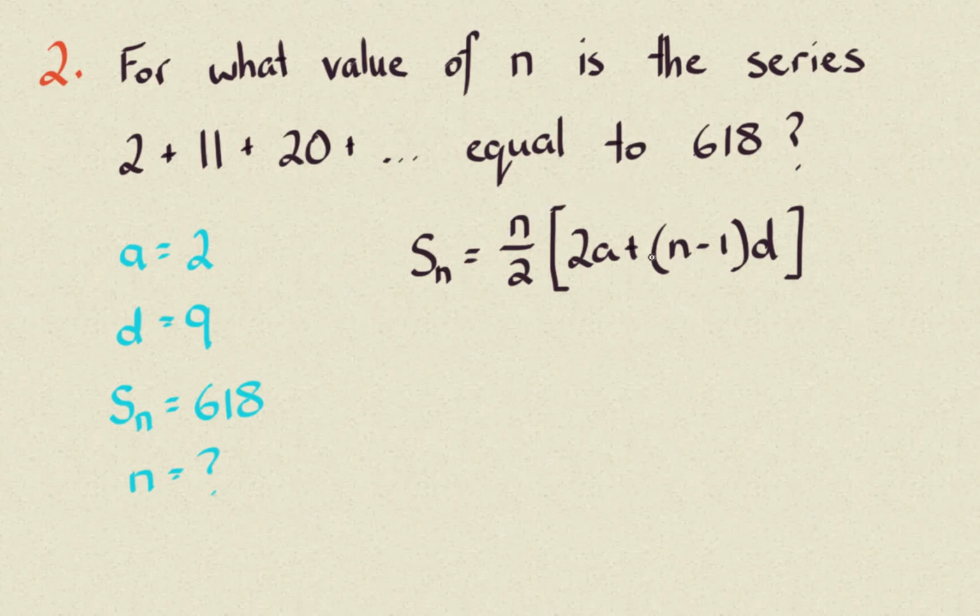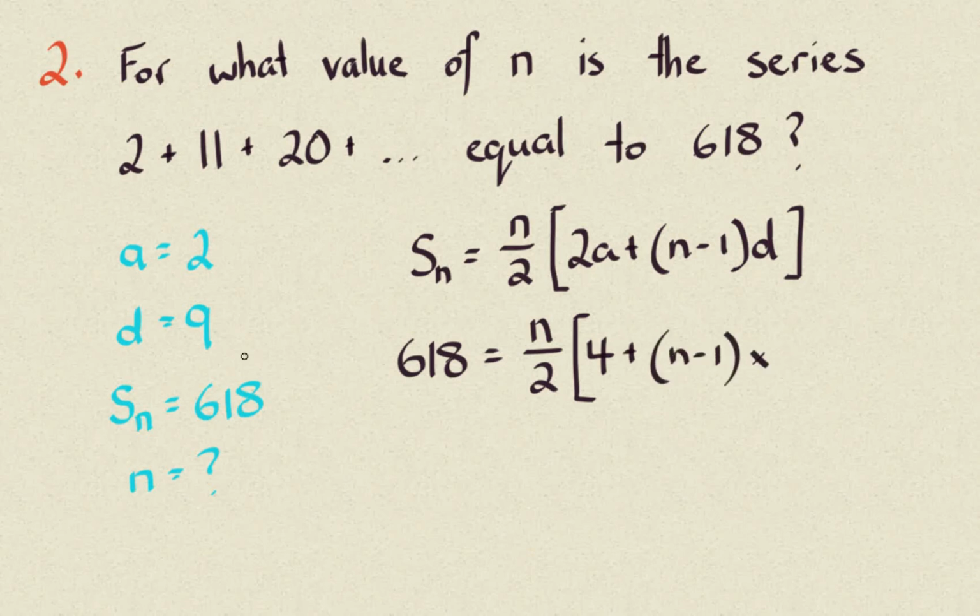So we will have a little bit of rearranging to do, but because we know the sum value, we know the value of a, and we know the value of d, this is one equation with just one unknown. So let's substitute in our values. 618 equal to n on 2. 2 lots of a, that's 2 lots of 2, or 4, plus n minus 1 times d, which is 9.